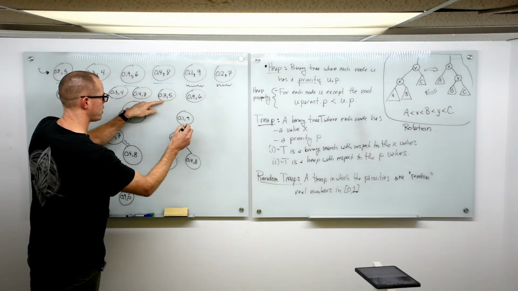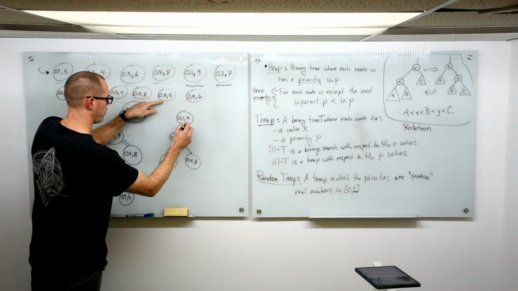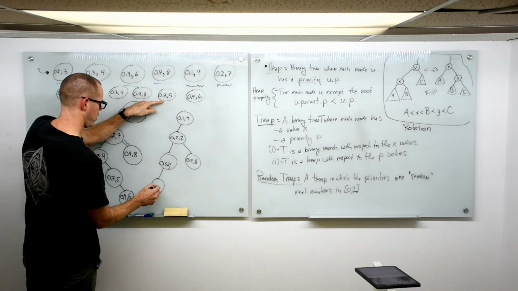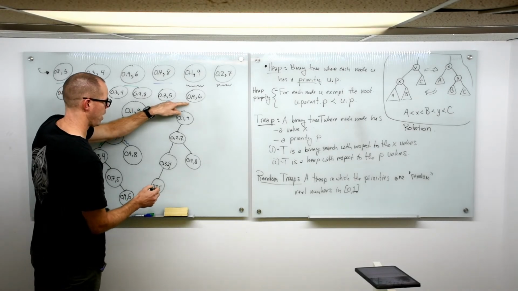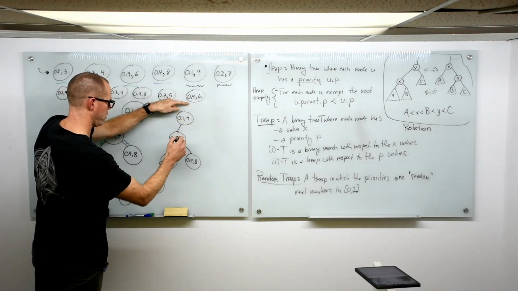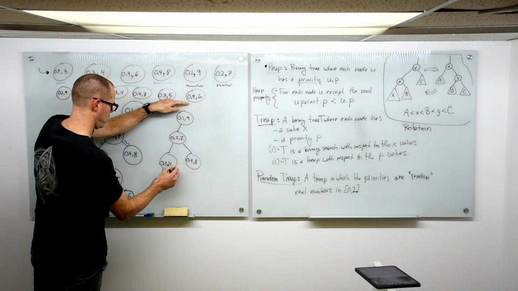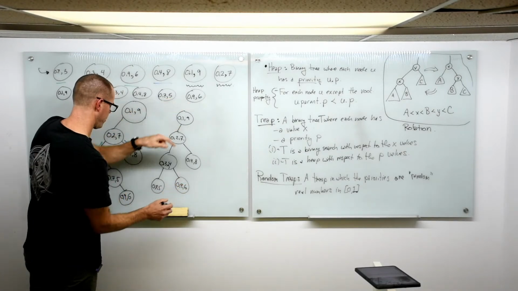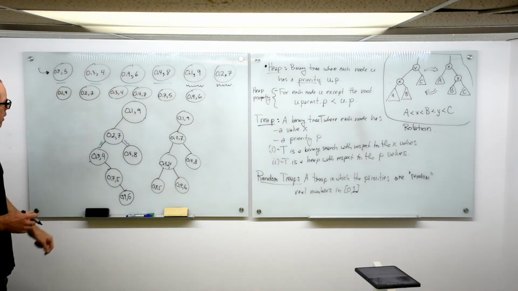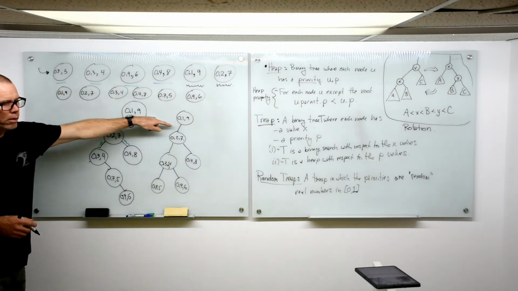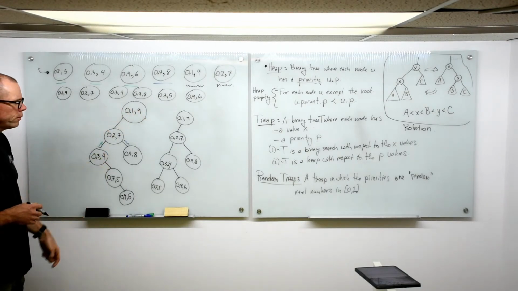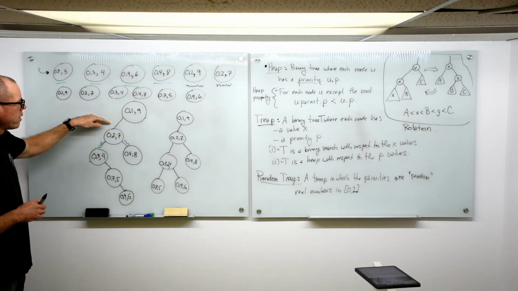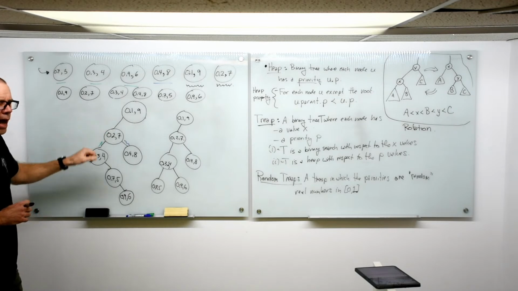Then I have to add this. 0.75. And then I have to add this. 9. Look at that. That's the same tree. In fact, that's not a coincidence. That had to happen.